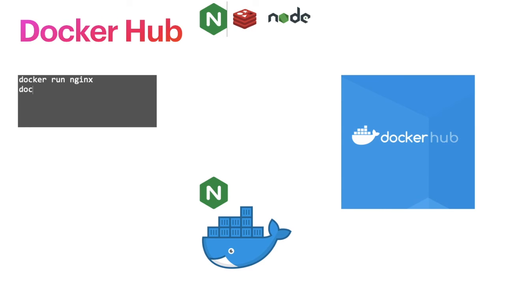In the same way, if you want to run the Redis image on your system, you can directly run the docker run command. Then suppose you want to run Node.js on your system, without doing anything, you just need one simple docker run command and it will do everything for you.